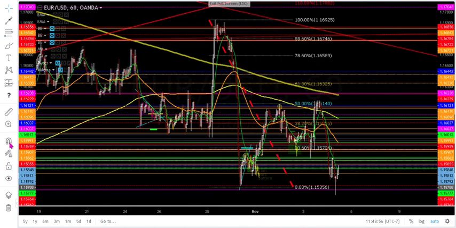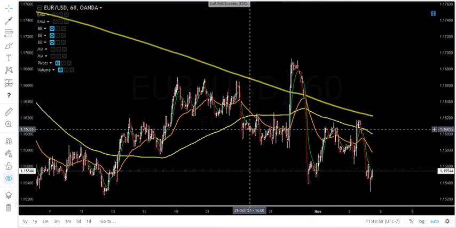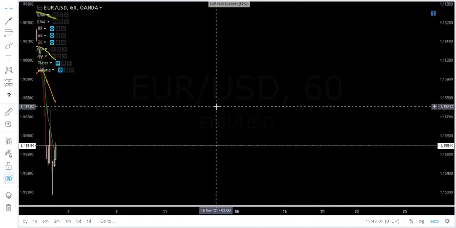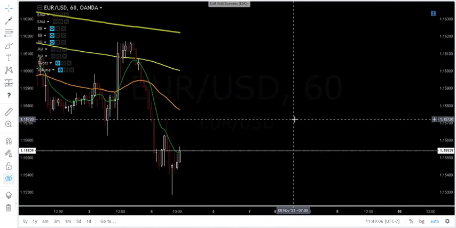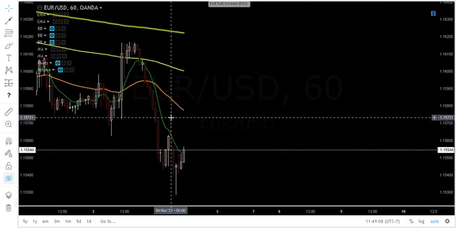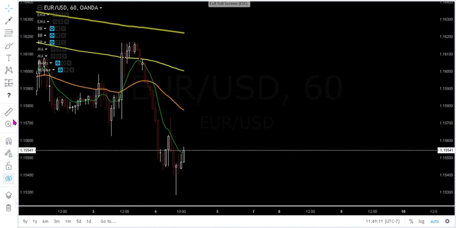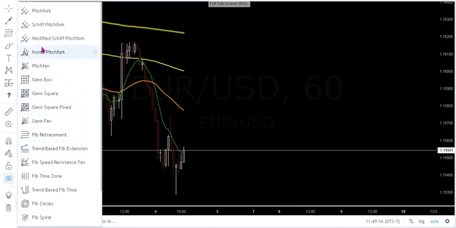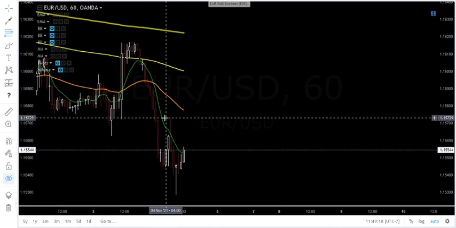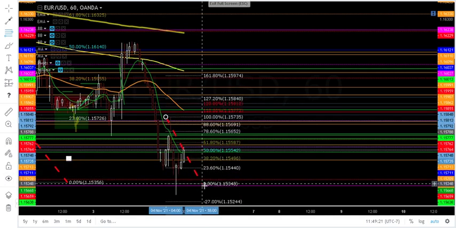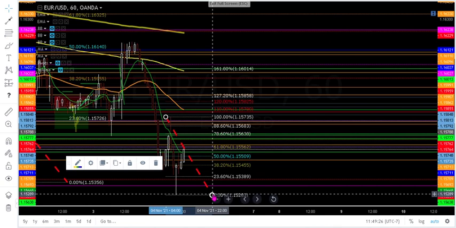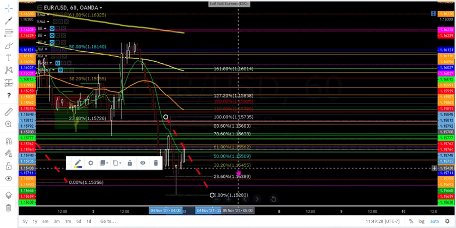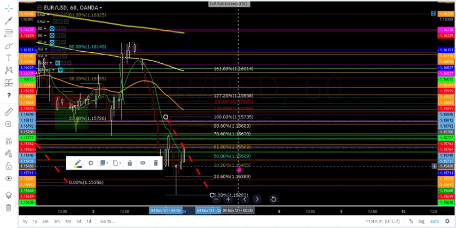Let me see where price is going based on Fibonacci. See if I can draw one. Maybe able to draw one right here just to see what price is doing. Swing high to the swing low. So right now, price is right at the 61.8, which is a key reversal area.